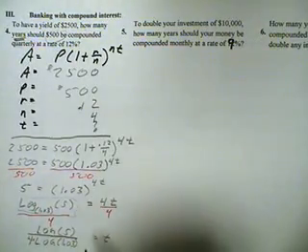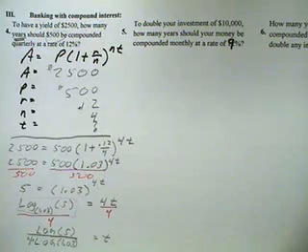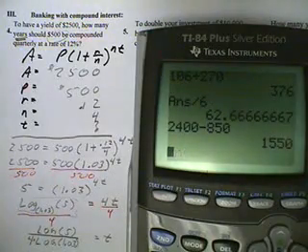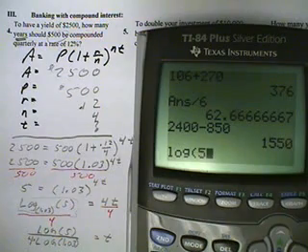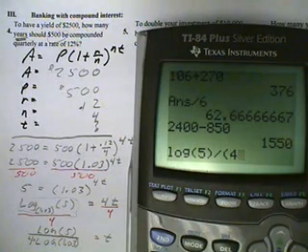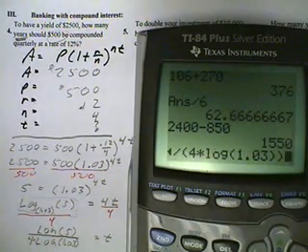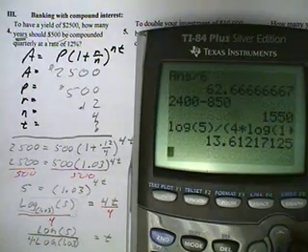Now when I work this out in my calculator, we're going to have the log of 5, divided by, open parenthesis, 4 times the log of 1.03, close that parenthesis. And we're going to get about 13.6 years.